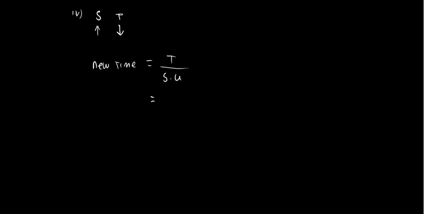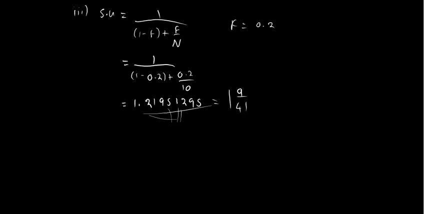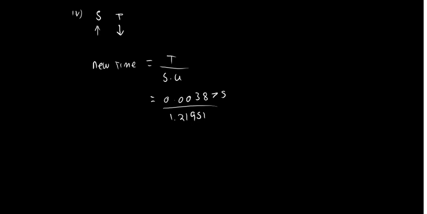But yeah, so all we need to do here is just say what is our original time. So that's 0.003875 divided by our speed up, 1.2195 1295, and it keeps on going like that.